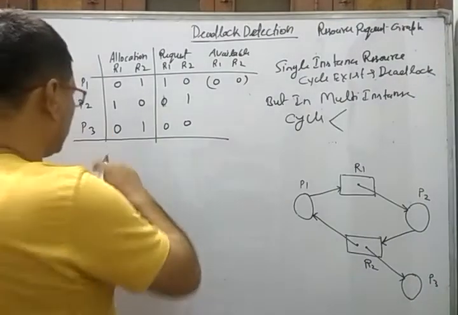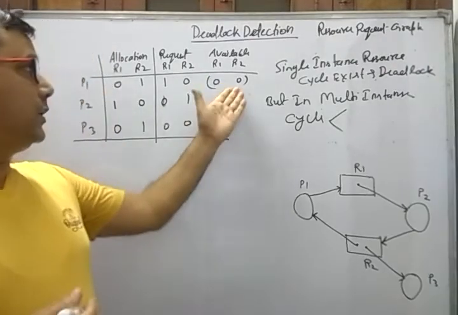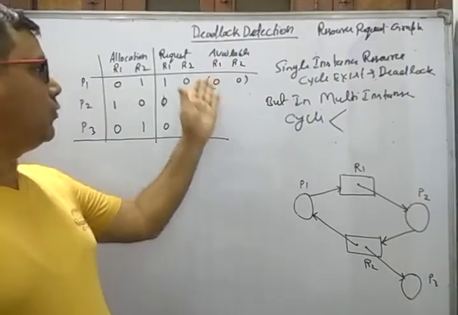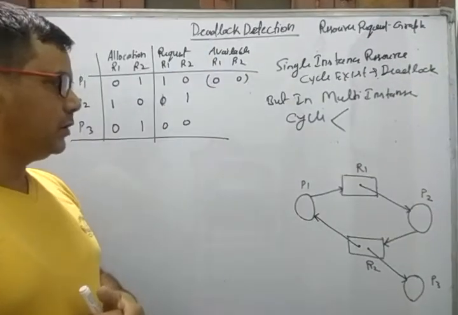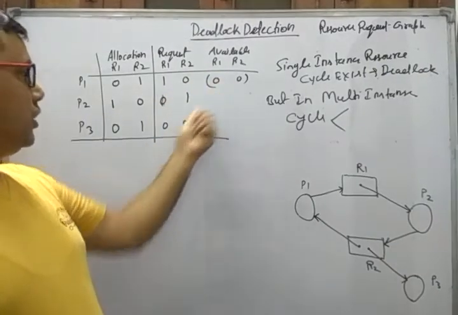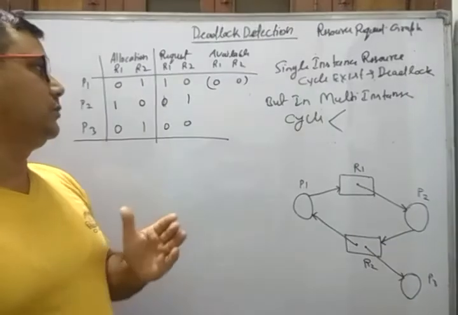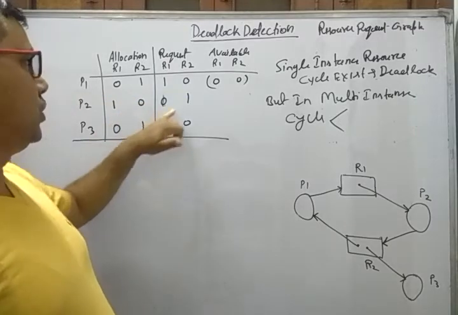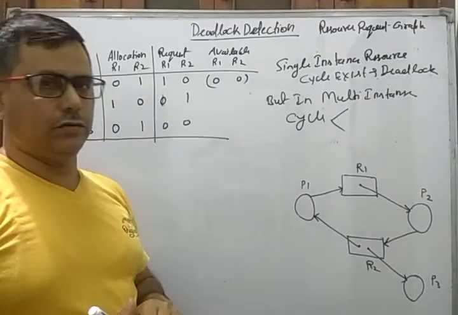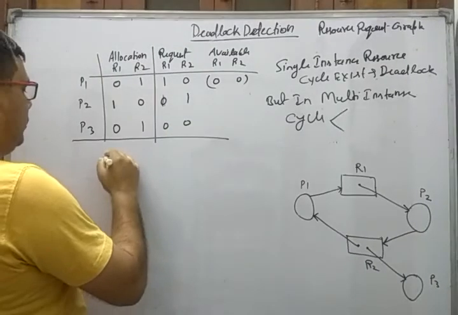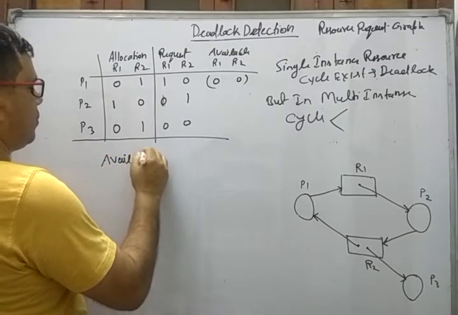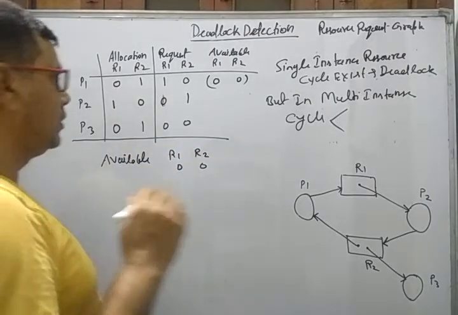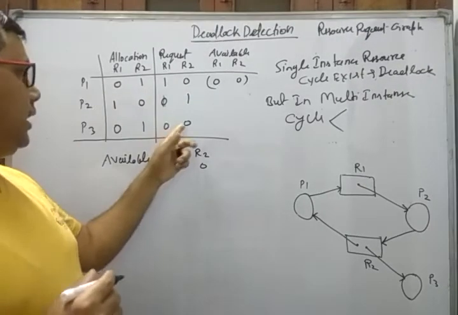Now we will compare this availability to the requests and find which request is fulfilled by this availability. P1's request is not fulfilled, P2's request cannot be fulfilled, but P3's request can be fulfilled.